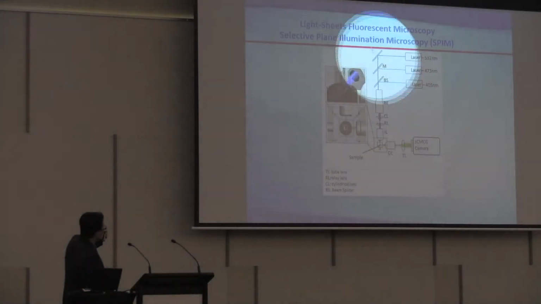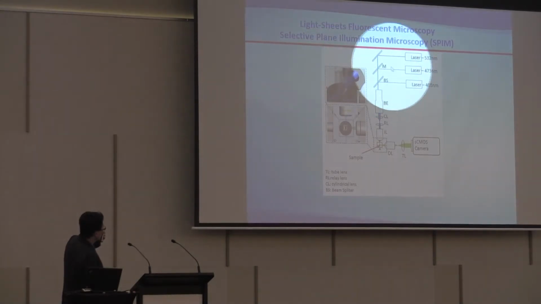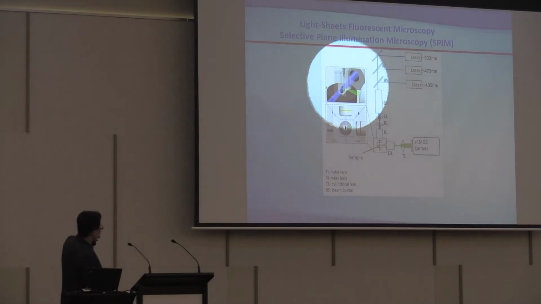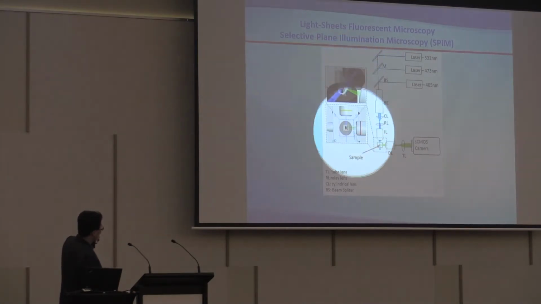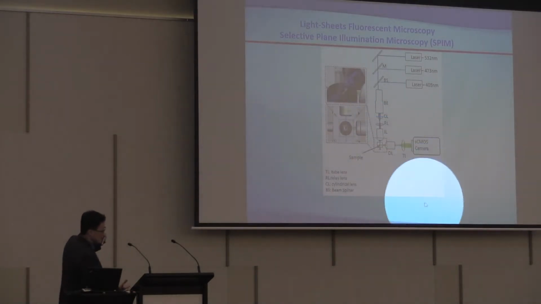Light sheet fluorescence microscopy, or the so-called selective plane illumination microscopy, can be visualized in this very unique optical pathway. Shown right here is the specimen. This laser blade illuminates the specimen, which could be a live zebrafish, followed by the optical detection system. This orthogonal pathway provides a basis to image objects without slicing or stitching.